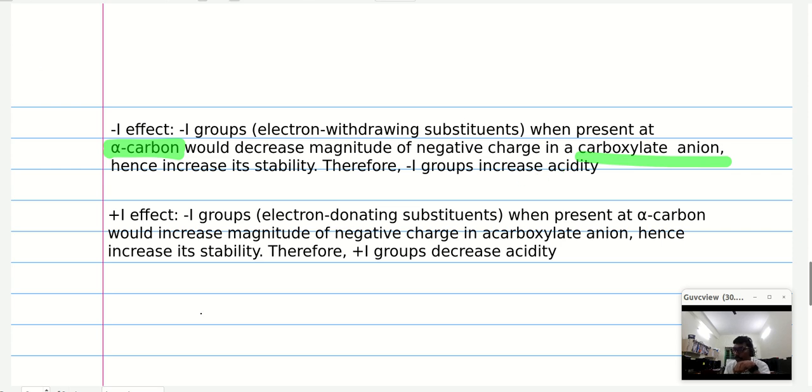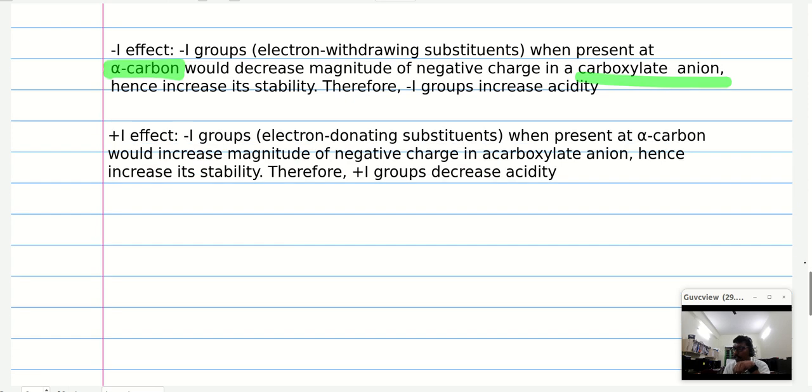So let's say for example we have a carboxylate, and let's say there is a nitro group attached to the alpha carbon. Now this negative charge, let me represent this in a hybrid form, is withdrawn by the nitro group and thereby it's stabilized, and this effect is called the minus I effect.